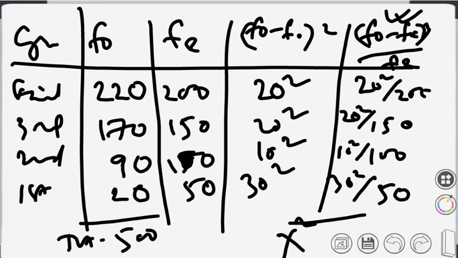That will give you the value of the chi square. So what is the value of the chi square? The value of the chi square is 20 square by 200 plus 20 square by 150 plus 10 square by 100 plus 30 square by 50.